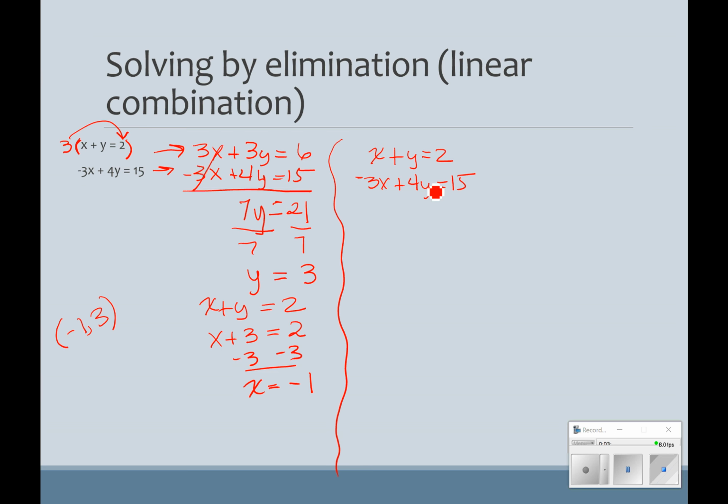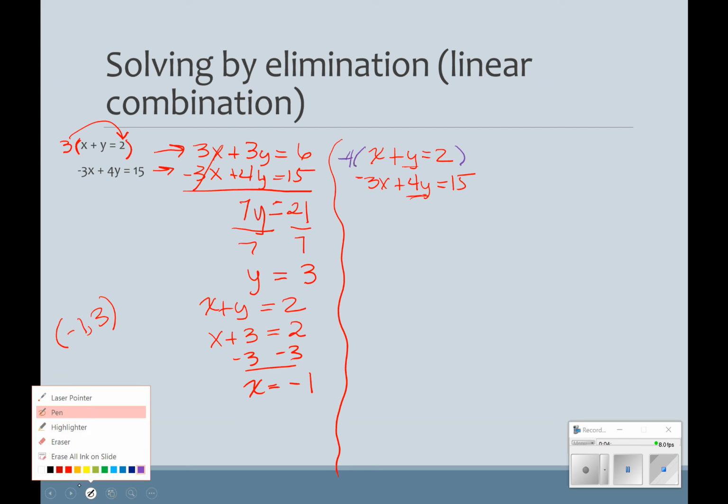If I look at my y's, this one here is 4, and this one here is 1. So if I wanted to get rid of the y's, I would have to multiply my top equation by negative 4. If I multiply everything by negative 4, you'll see that it's going to get me rid of one of my variables.